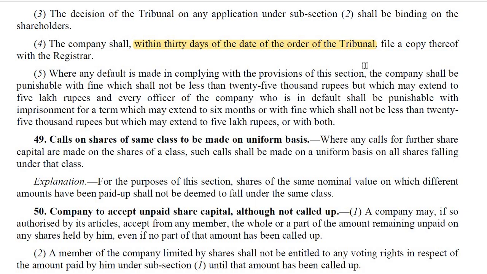Where any default is made in complying with the provisions of this section, the company shall be punishable with fine, which shall not be less than 25,000 rupees, but which may extend to 5 lakh rupees, and every officer in default shall be punishable with an imprisonment for a term which may extend to 6 months, or with a fine which shall not be less than 25,000 rupees and which may extend to 5 lakh rupees, or with both. It may be a fine, or it may be an imprisonment, or it may be both.